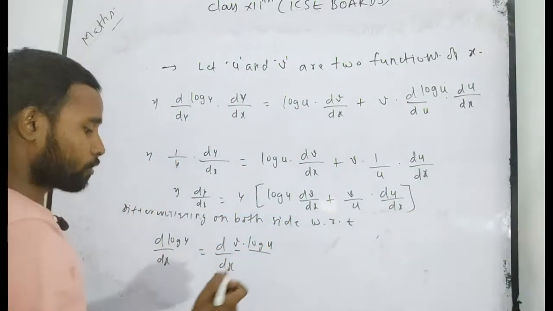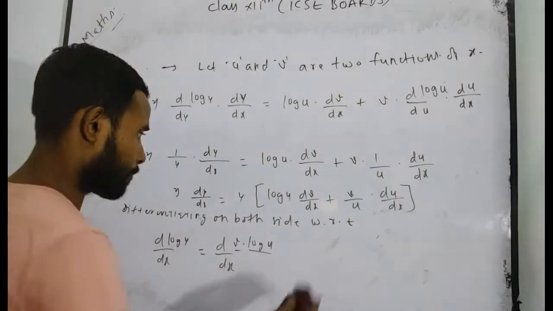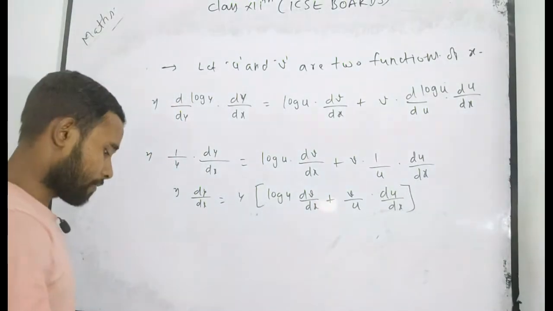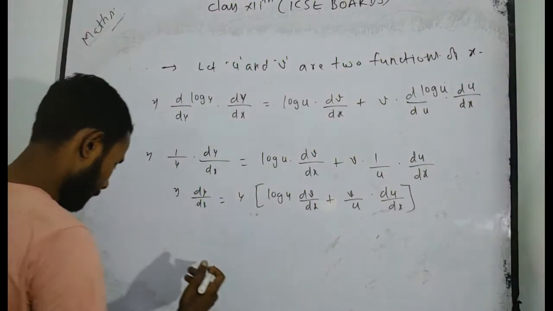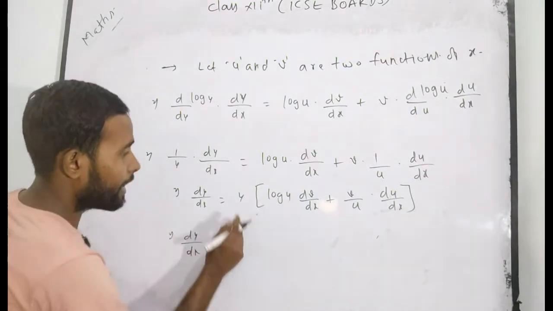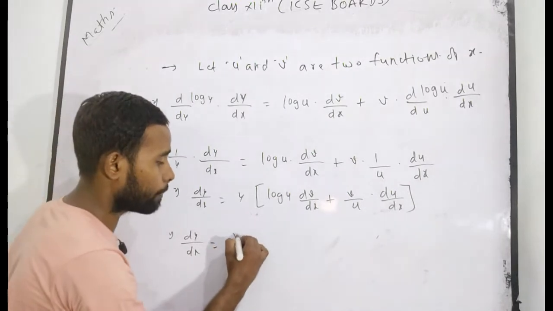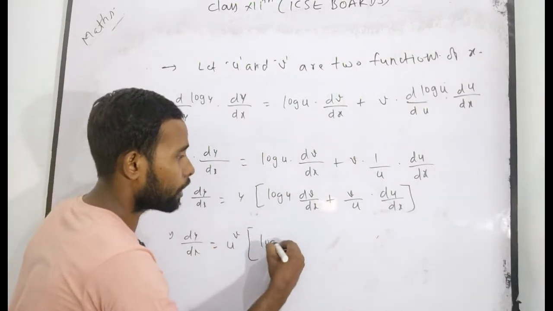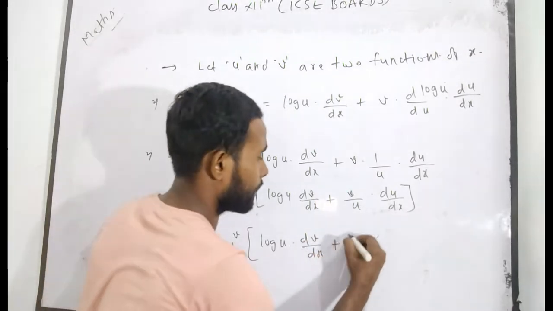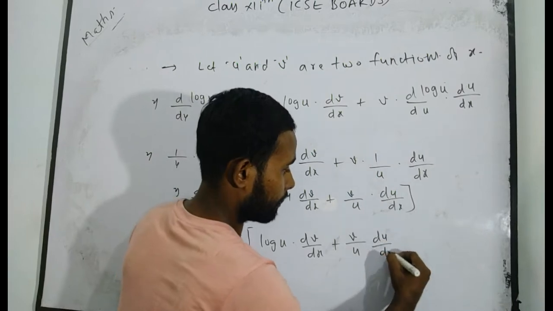Now I want to write the final step of it. Firstly rub this part, and its final step will be, see here, that implies that dy/dx will be, as you know, what is the value of y? The value of y is u to the power v into log u into dv/dx plus v upon u du/dx.